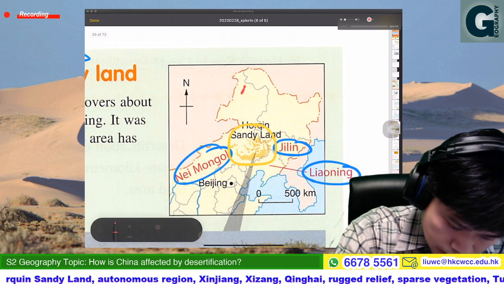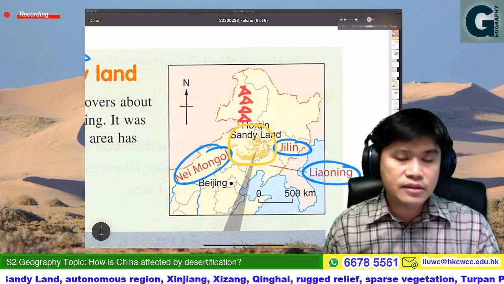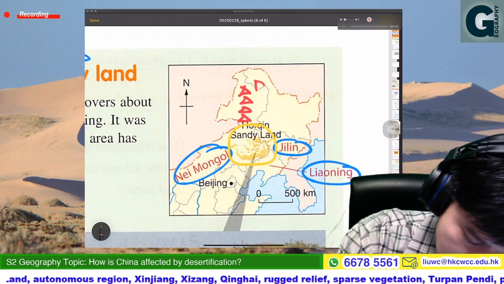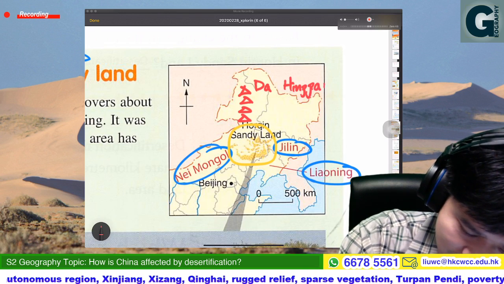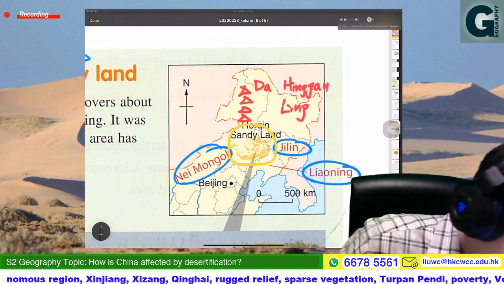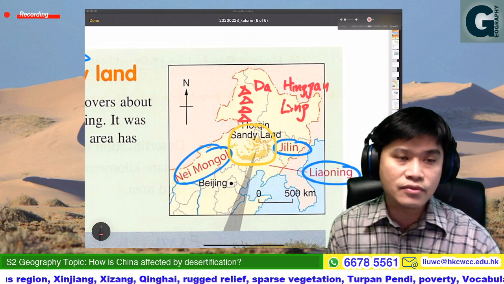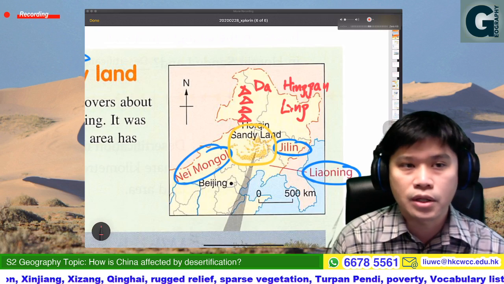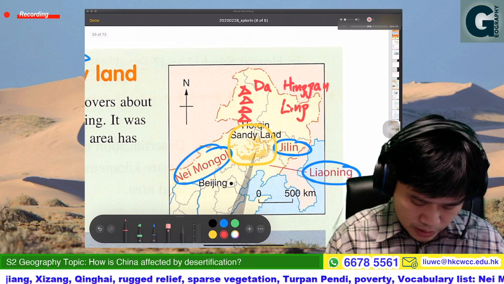That is a mountain range called 大興安嶺, 大興安嶺. That is also a mountain range. That is what we studied in the first term. I hope you still remember. So that would be the case.